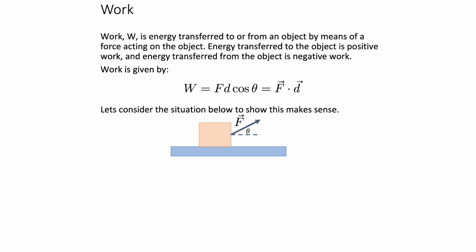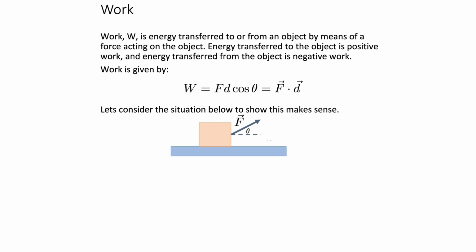Work, which is a scalar because it's energy, is equal to force times distance times cos theta, and this is because it's the dot product between the force which is applied and the displacement of the object. So let's consider the situation below just to show how this makes sense. We're going to assume that F isn't so large that the block's being lifted up off the surface.